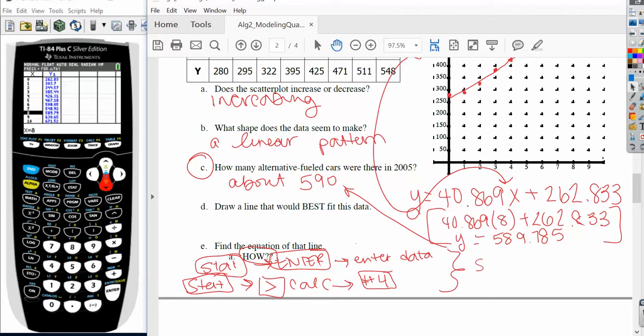If you want to store the equation, store reg EQ, the regular equation of best fit, you would press vars, go over to y vars, and hit enter twice.